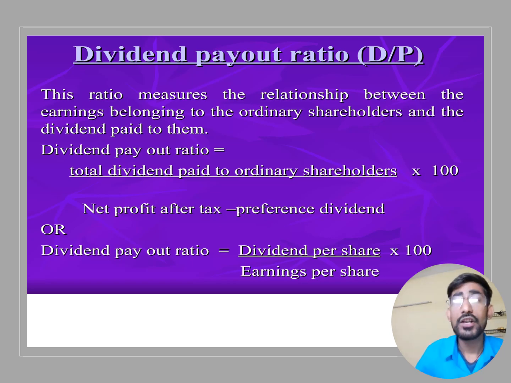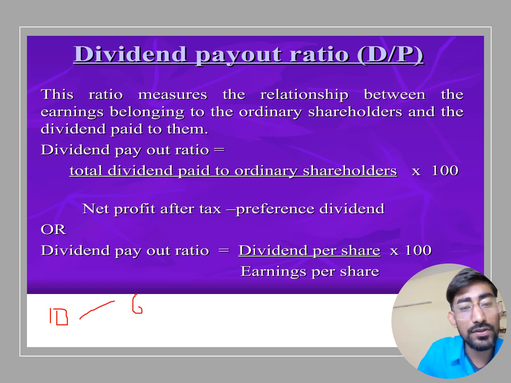That means, let's say the company has earning available of 10 rupees. If the company is going to give 6 rupees of dividend and retain 4 rupees, then the ratio is 6 is to 4. So how much the company is paying as a dividend, that is the dividend payout ratio.